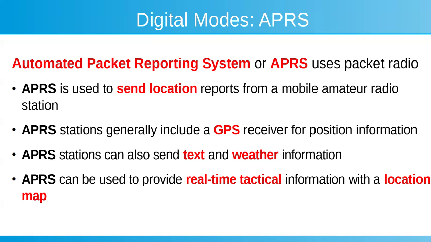So for a mobile application, like your transceiver in your car, could send out APRS information if it had a GPS receiver in it. And some of the mobile transceivers do. I know the 5100 does. You can also have text and weather information in addition to location.